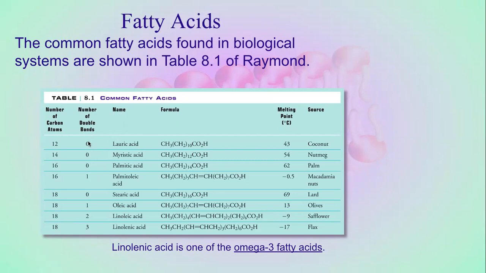So if it has a 0, then it's a saturated fatty acid. If it has a 1, it's unsaturated. And then we'll talk about these melting points. And here are some sources of where some of these fatty acids come from. So if you use olive oil in cooking, then the fatty acid oleic acid is found in olives.